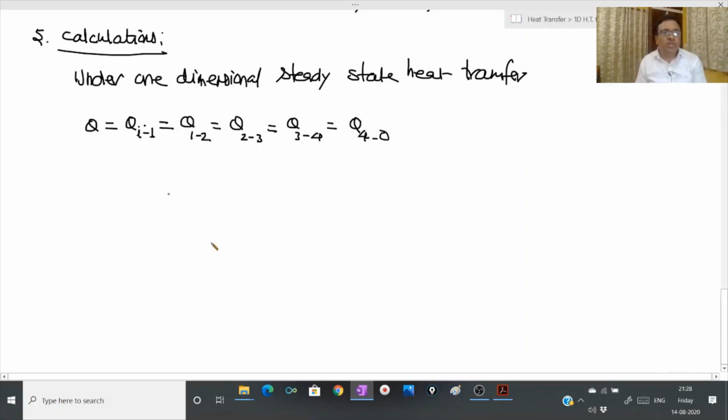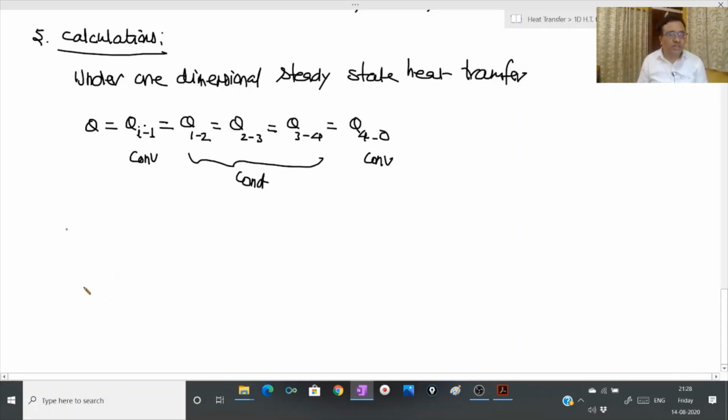So there will be total 5 rates of heat transfer. This will be by convection, this will be by convection, and these 3 rates of heat transfer will be by conduction.